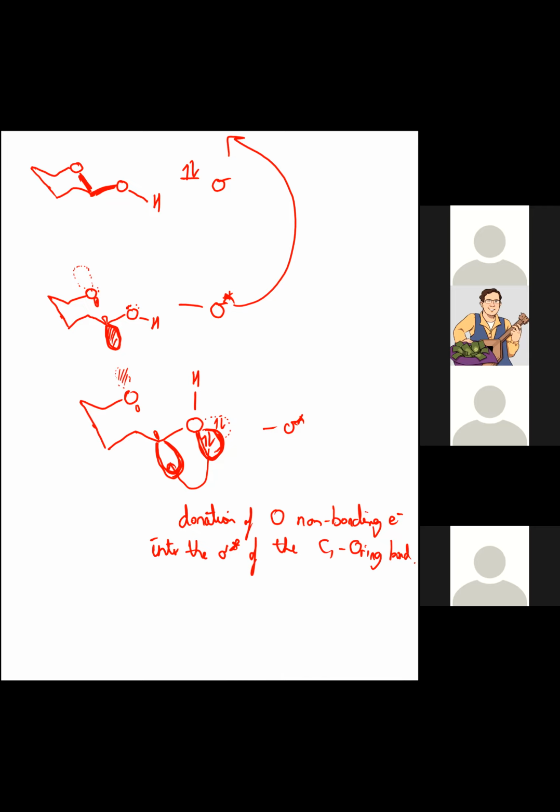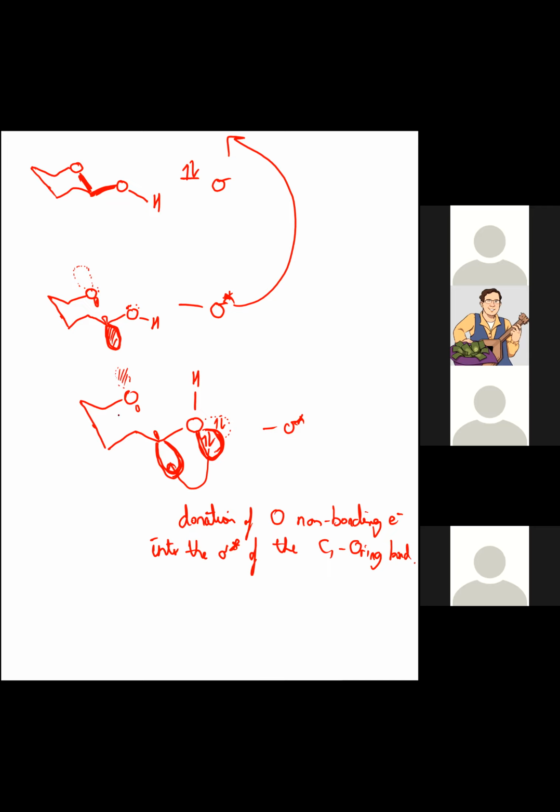And that's a stabilizing interaction, right? Because we are delocalizing electrons, some of the electrons are going to delocalize into that. And so that is going to lengthen this carbon-oxygen bond a bit. Now, normally, if we have an OH there, the opposite effect is stronger, donating into that.